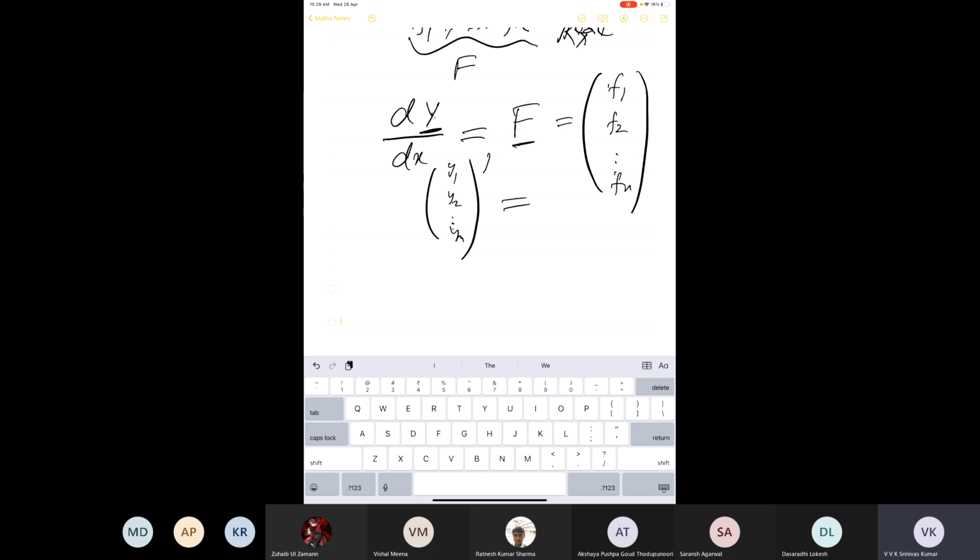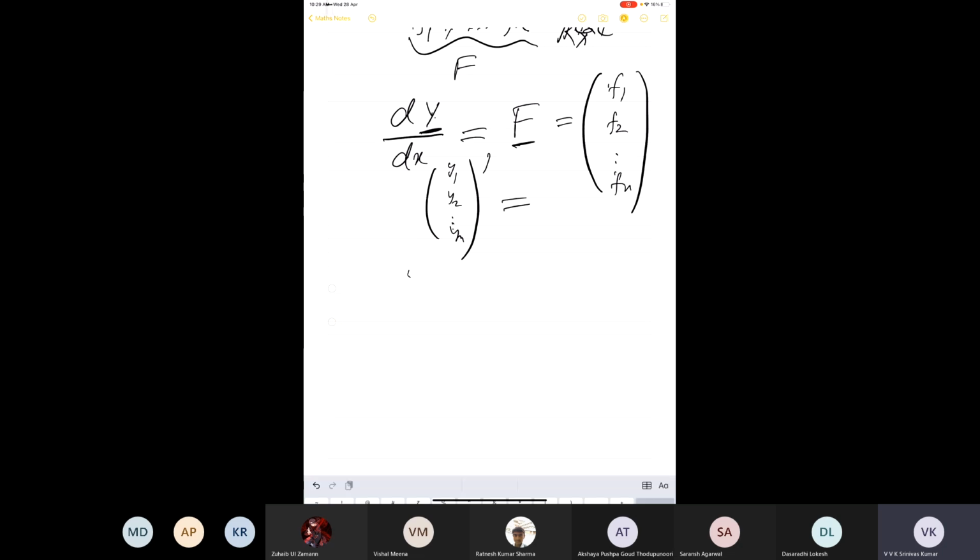And so what are the conditions? What do we mean by F bar continuous? It is equivalent to each fi being continuous, and these are vector functions.